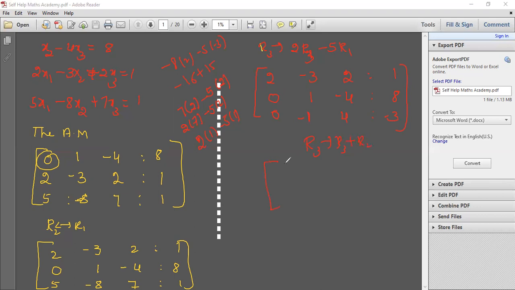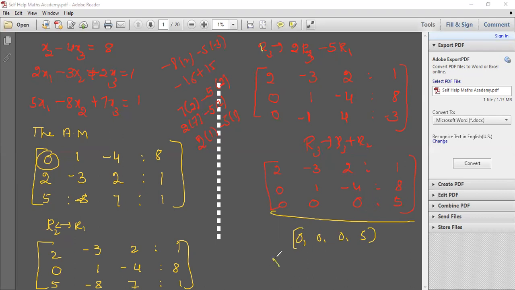So this will give us 2, minus 3, 2, 1; 0, 1, minus 4, 8; and 0, 0, 0, minus 3 plus 8, that is equal to 5. Clearly, in the last row you have a row of the type 0 0 0, 5.